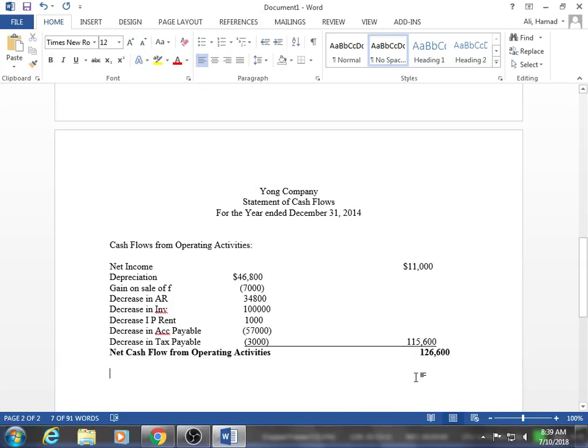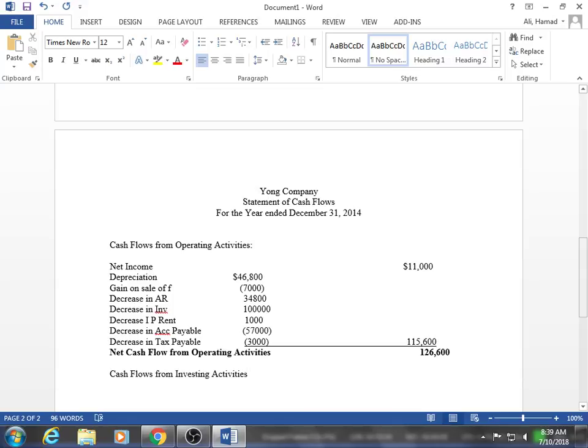Now we go to cash flows from investing activities.